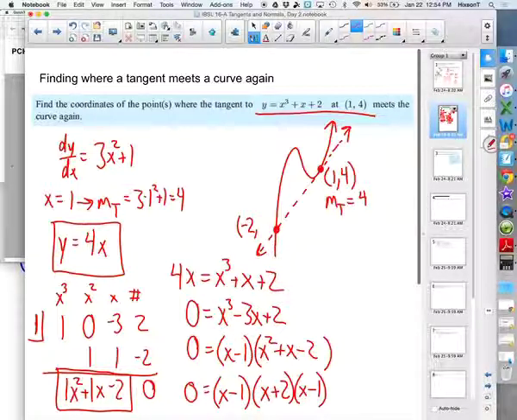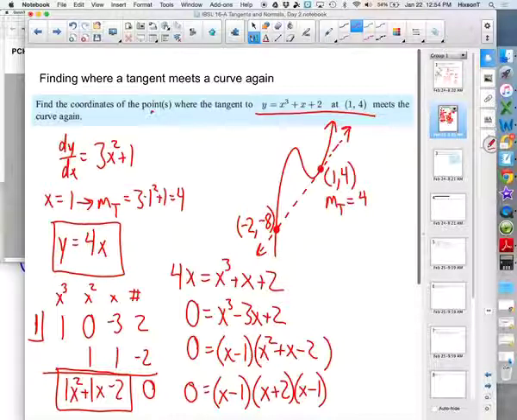I'm hitting it again, so there's a negative 8 when I cube it, plus a negative 2 is a negative 10, plus 2 is a negative 8. So negative 2, negative 8 is the point that we're looking for. So while it is tangent up here, because of the shapes of these, it is possible to hit the curve again somewhere else.